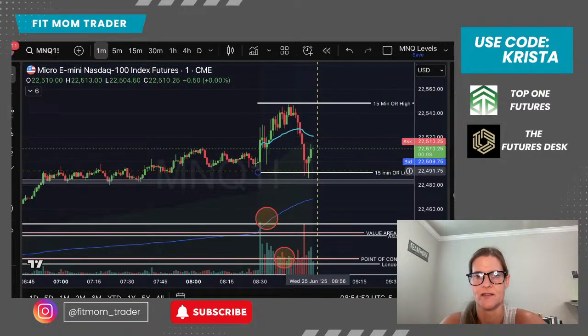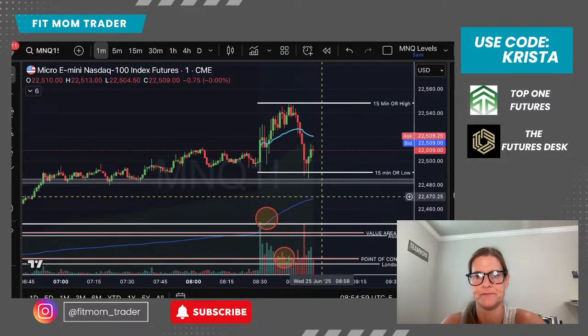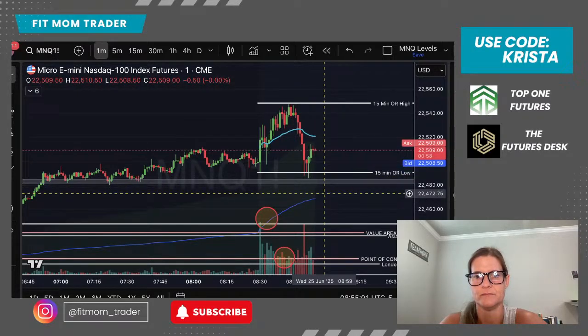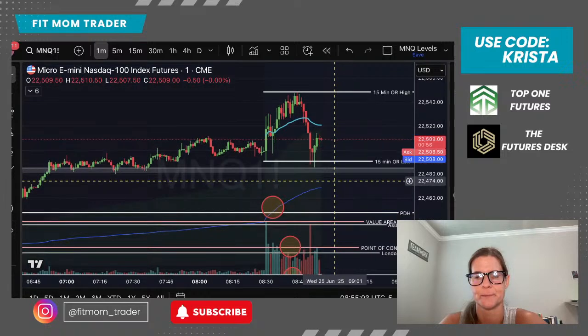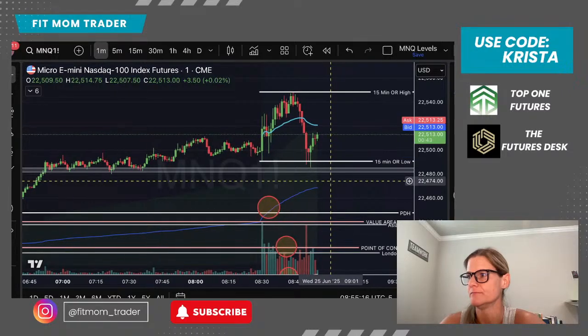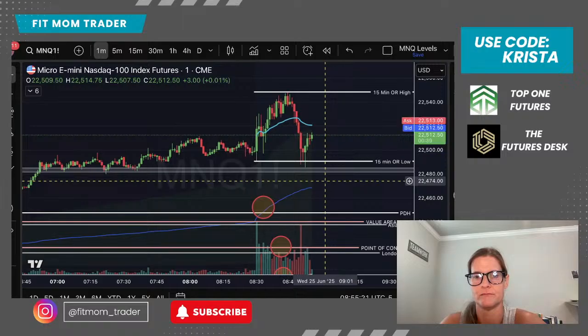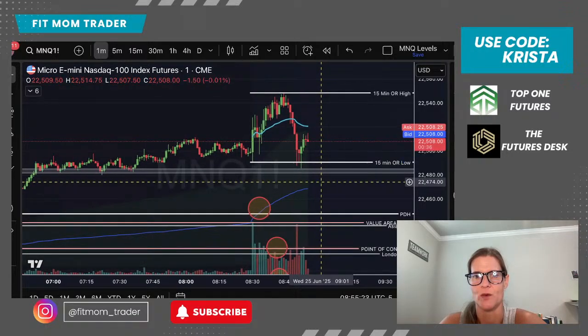If it starts to show weakness, then it could come back down to actually grab that liquidity or VWAP. Momentum's starting to slow down a little bit.